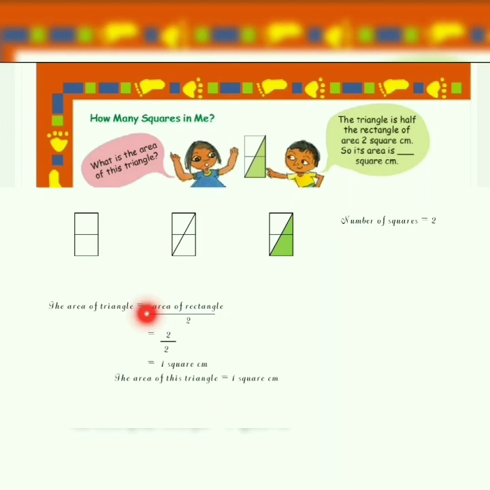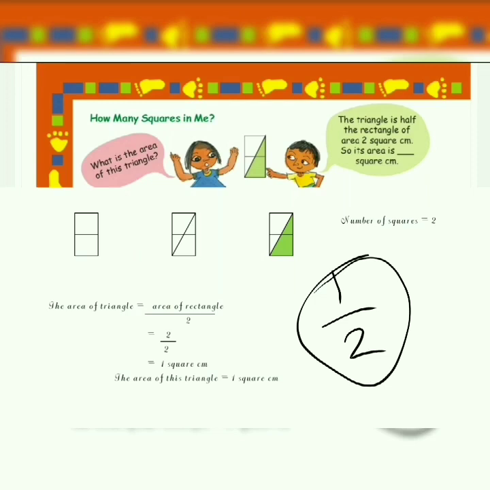So in place of area of rectangle we will write 2 by 2. Why are we dividing it by 2? Because half means we divide by 2. So 1 by 2. Getting it or not? Okay, now what will we do next? We will divide it by 2. Our answer will be 1 square centimeter. So the area of this triangle is equal to 1 square centimeter. Getting it or not?